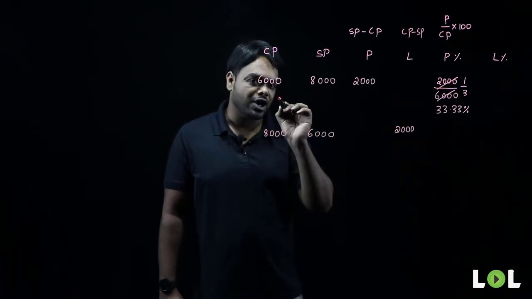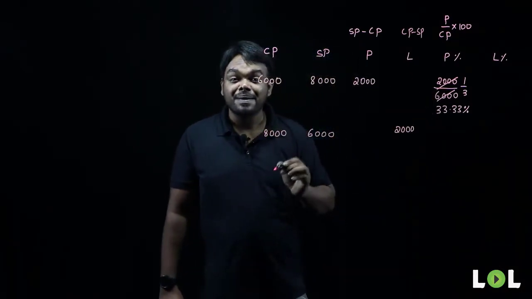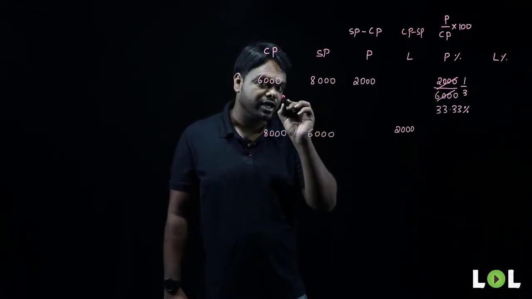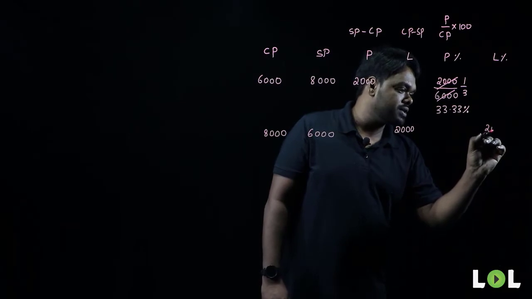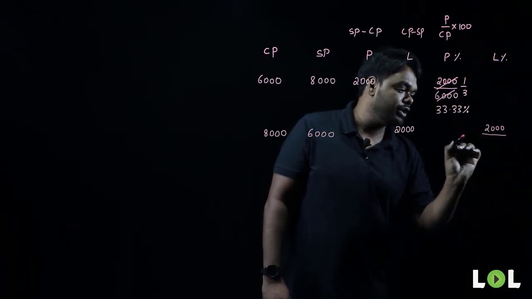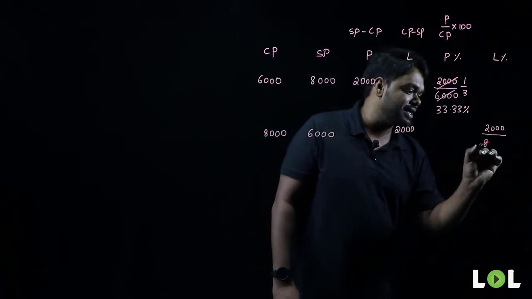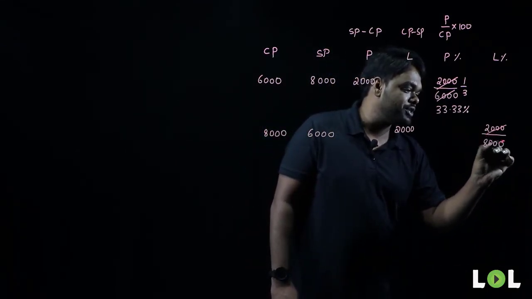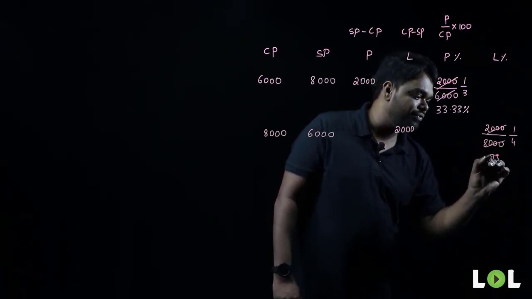Now, loss percent. Just like profit percent, loss percent is the percentage of your loss on your investment, that is, cost price. So you made a loss of 2,000 out of your investment. How much did you invest here? 8,000. 2,000 out of 8,000 is 1 by 4. And what is 1 by 4? 25%.